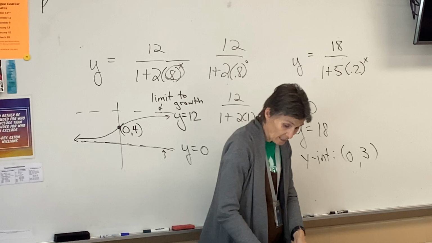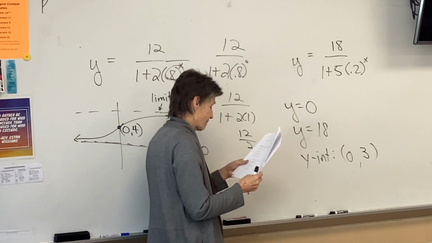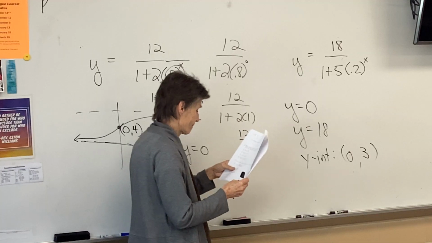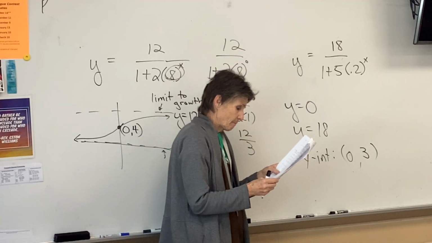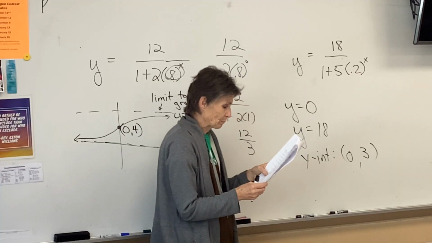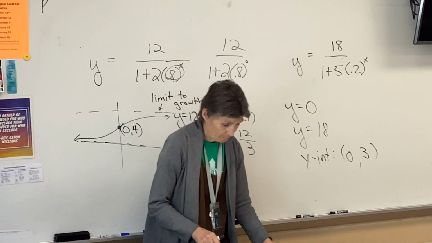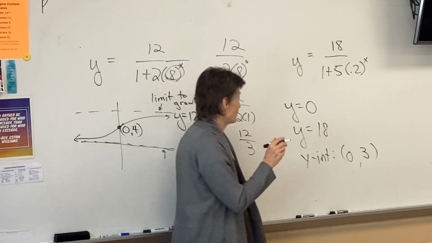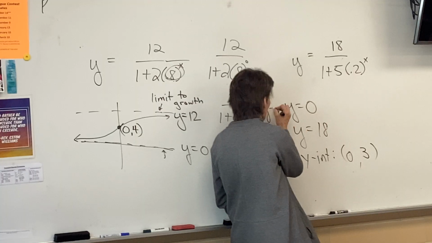You and your partner do the last one. So what are your horizontals? Y equals 0 and y equals 9.